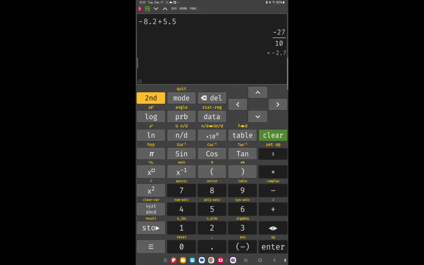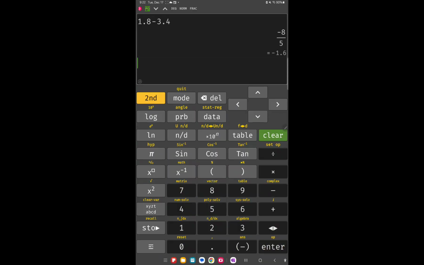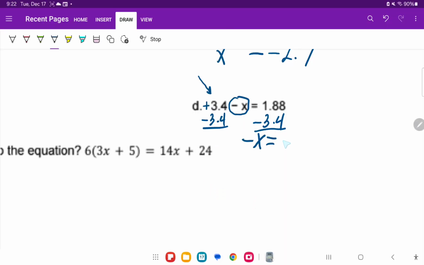So I'm going to go over here, 1.8, and then I'll say minus 3.4, and that will give me negative 1.6. So that's negative x, bring down the equals, and that was negative 1.6. So then positive x, we just change that sign, and it will be positive 1.6.